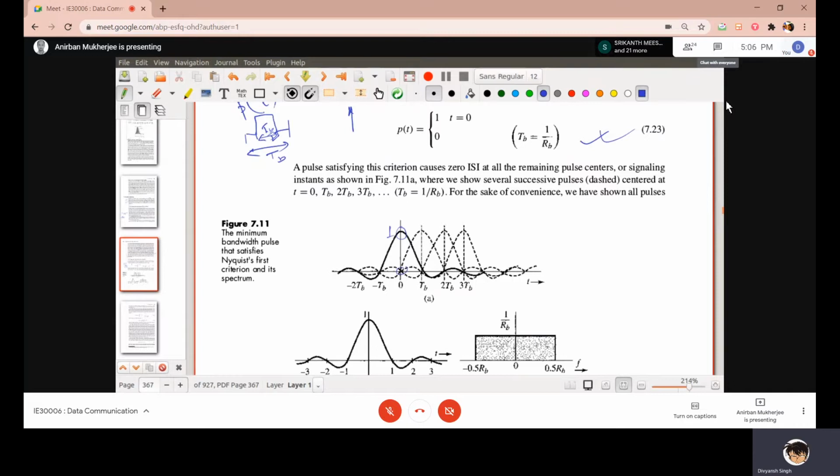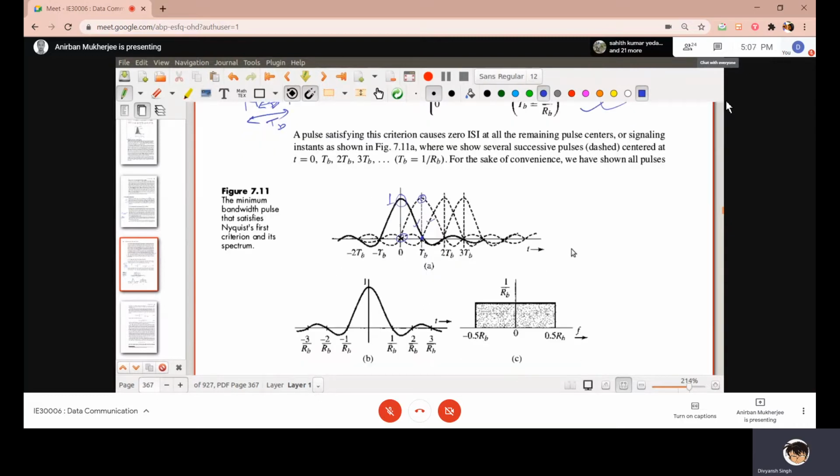So at this position, when you are doing the sampling, you have only the effect of the current pulse. Similarly, at t equal to TB, you are sending the electrical pulses like this, and when you are sampling at the detector, you have only the effect of this one, because the effect of all previous and post pulses is 0.